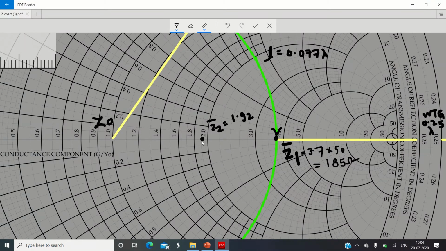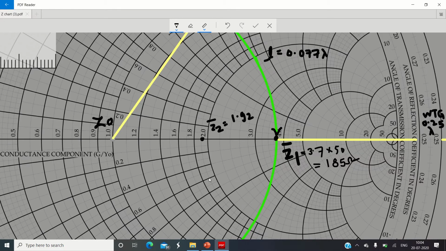From this point, you insert a lambda by 4 transmission line. What is the WTG over here? The WTG here is 0.25. Lambda by 4 is 0.25. Inserting a lambda by 4 transmission line means you need to go halfway around the Smith chart so that you reach this particular side.